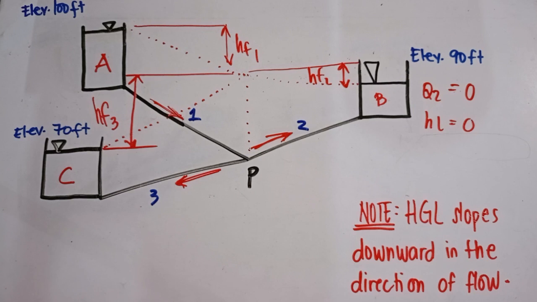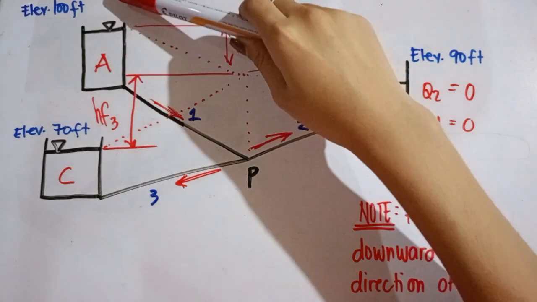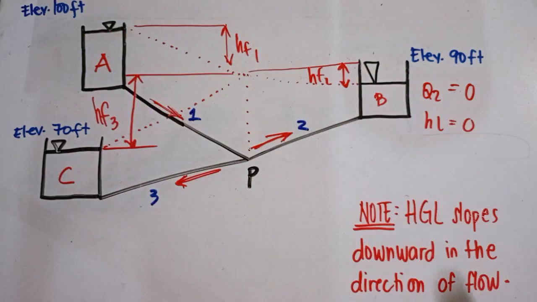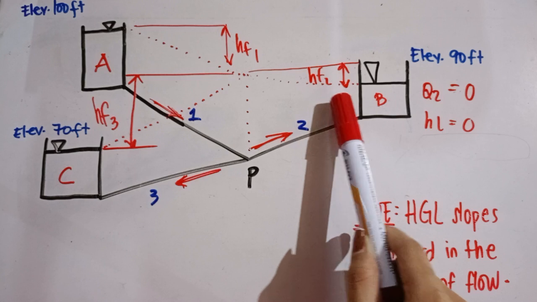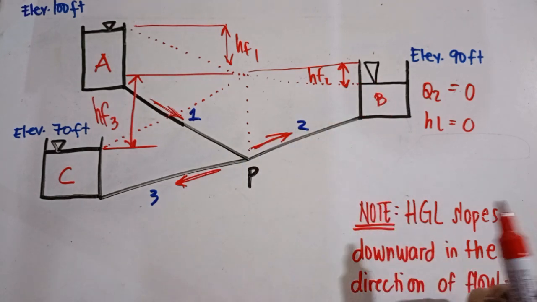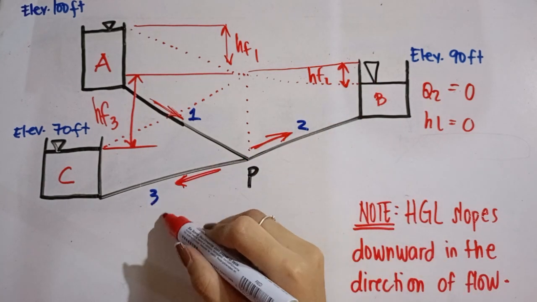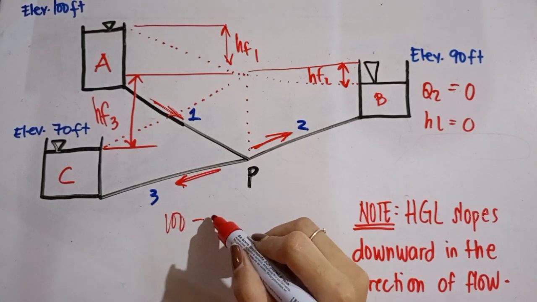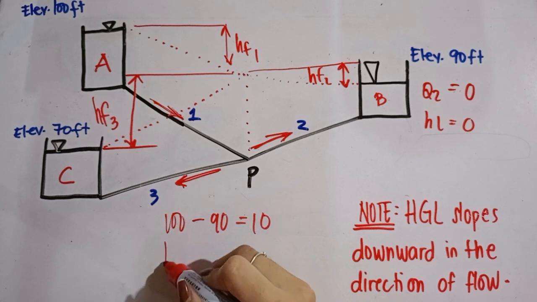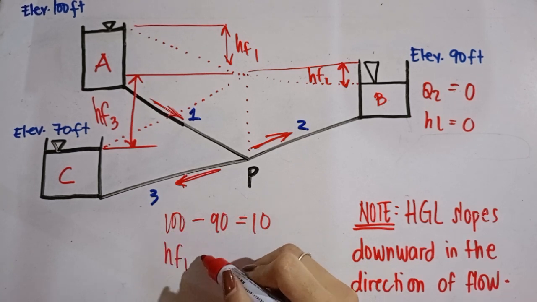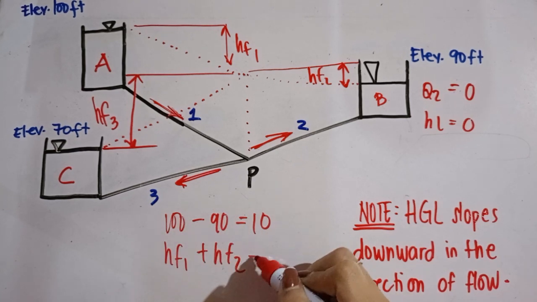So let's try solving it again. From here to here, we got 100 minus 70, and our HF1 and HF2 is going to be equal to 10, since 100 minus 90 is equal to 10. So that means HF1 plus HF2 is equal to 10.